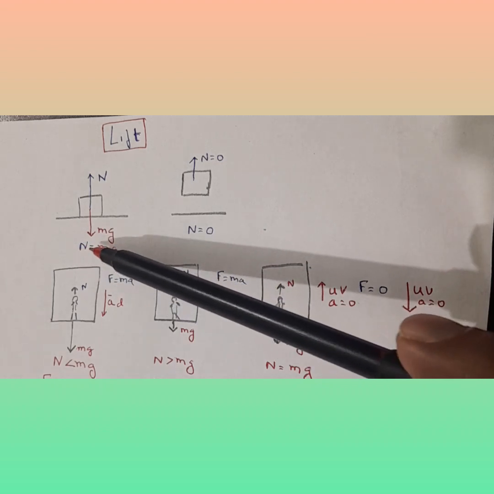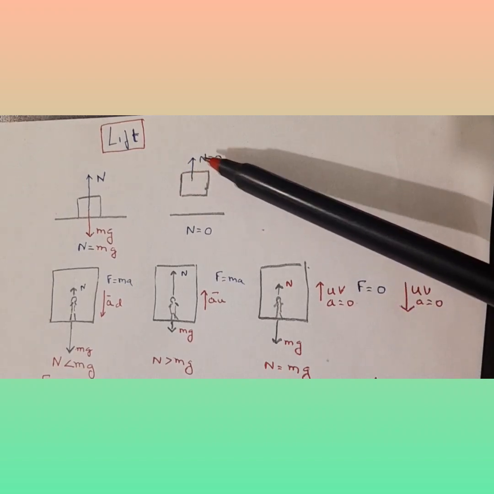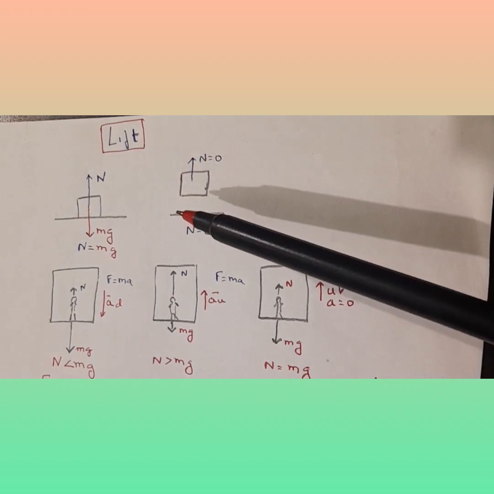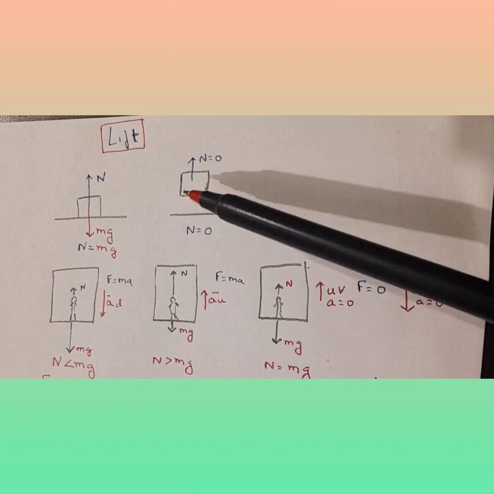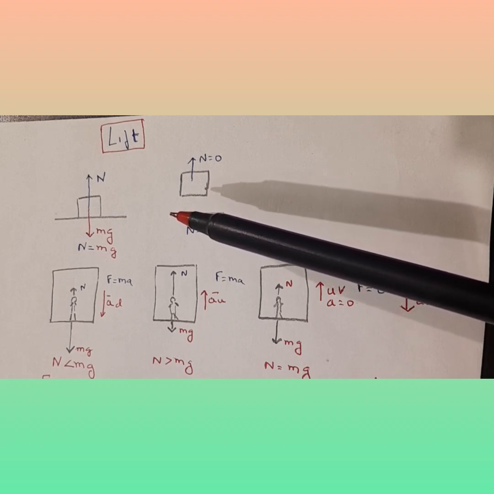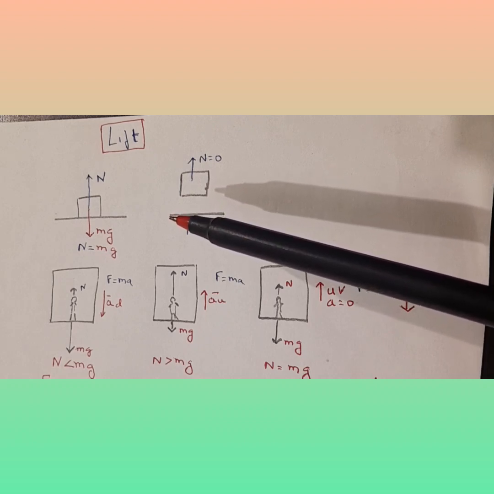Alright, N is equal to mg. But if the body is flying, that itself means N is much lesser than mg.